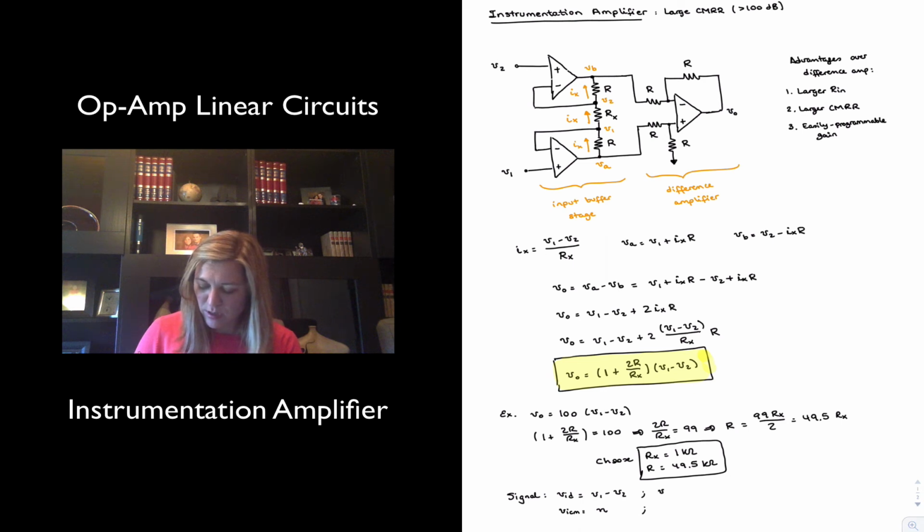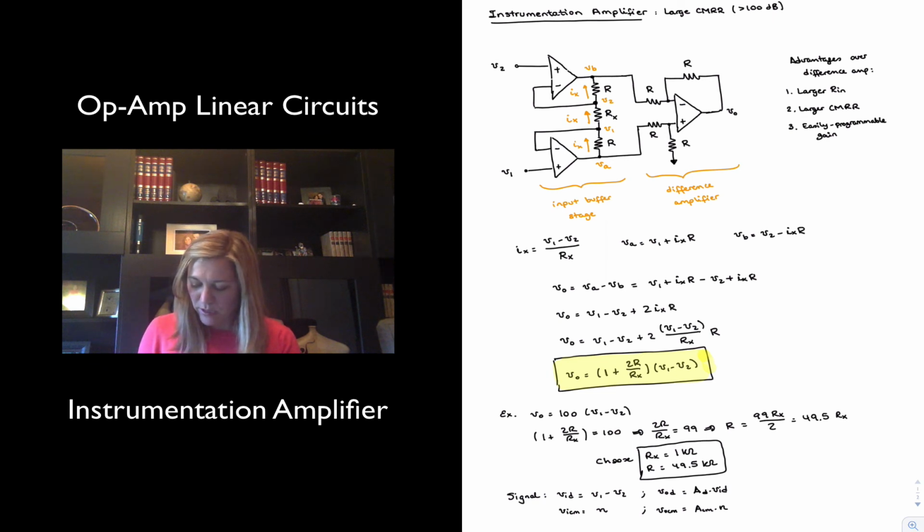Then I expect my output voltage from the differential input signal to be my differential gain times VID, my VOCM, output voltage due to common mode signal, is going to be ACM times my common mode input noise N.